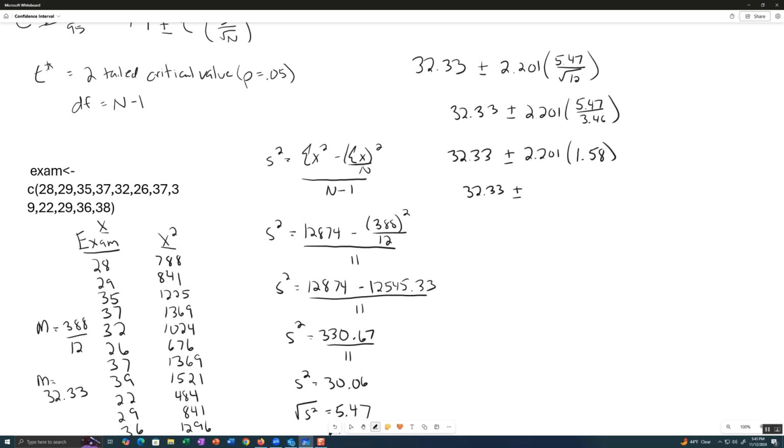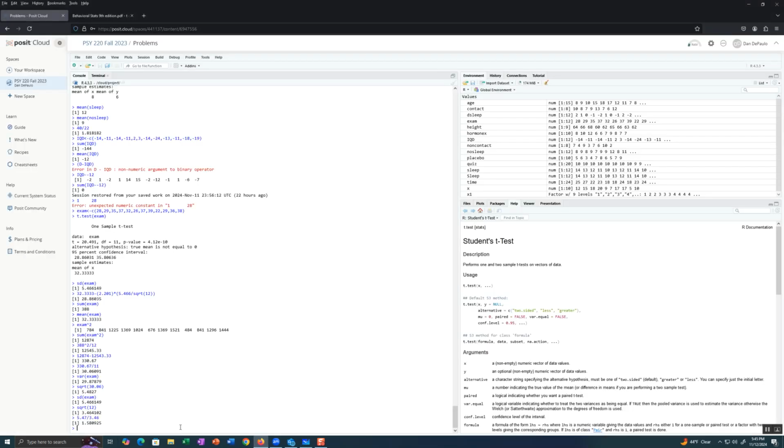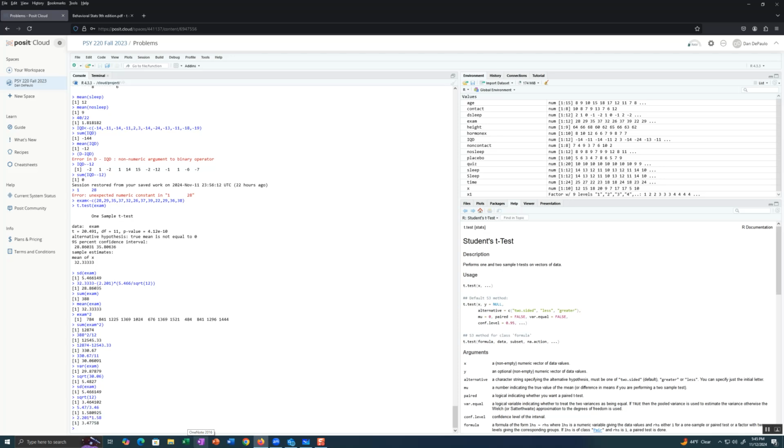So 32.33 plus or minus. Now multiply these out, 2.201 and 1.58. That's 3.48 rounded.